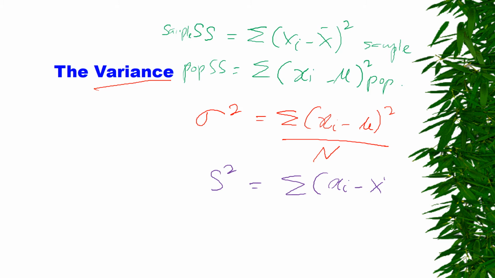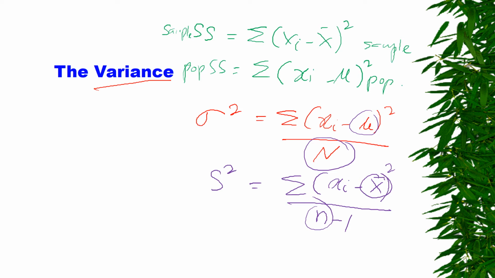So S squared equals the summation of (xi minus x bar) squared, divided by n minus 1. The replacement of mu with x bar, and of capital N with smaller n, in this equation results in a quantity which is a biased estimate of the population variance.